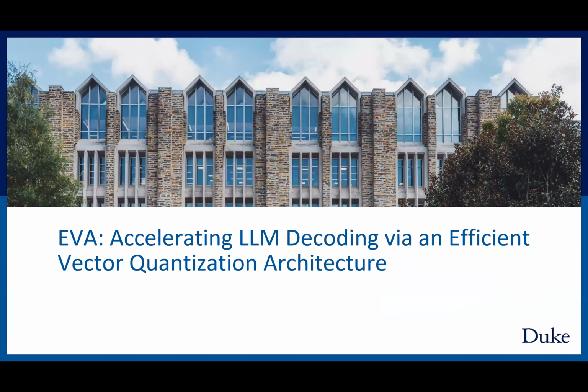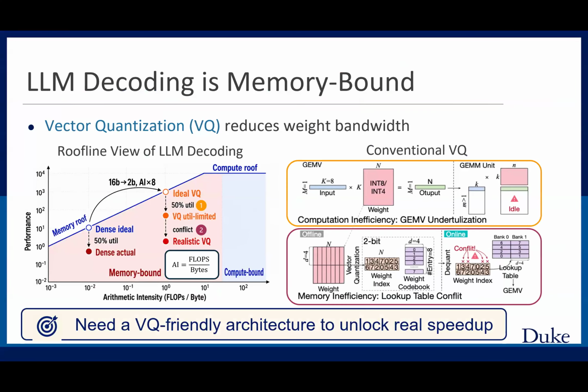I'm not sure I have time for the next one, and it's again an architecture-level solution. The decoding stage has been widely recognized as memory and I/O bound. The reason is that we need to continually move weight matrices to the execution units. Previously, vector quantization was introduced.